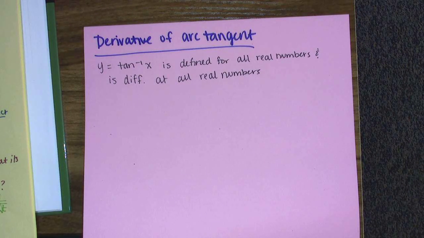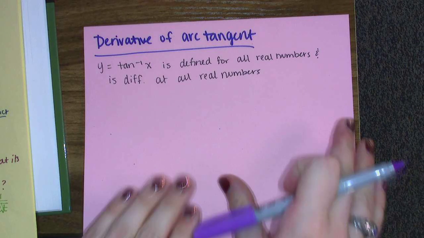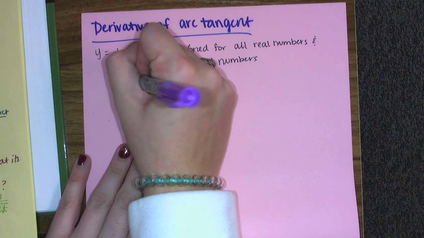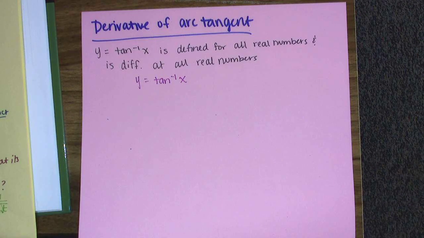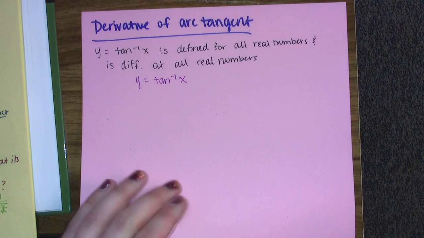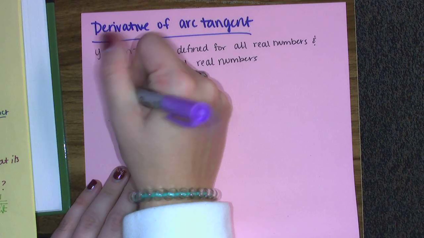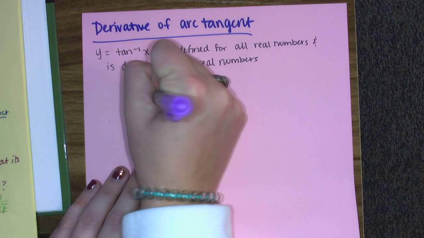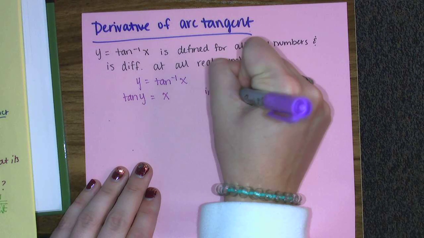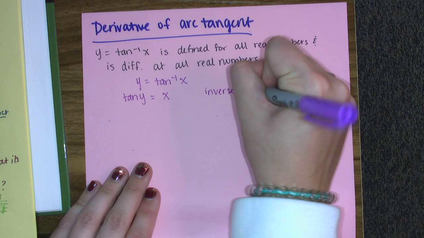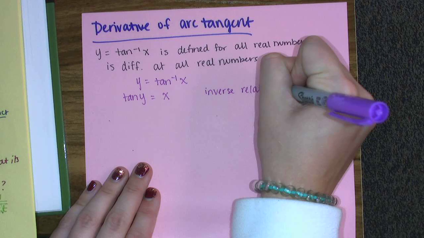So then we start out with the same kind of deal. y is equal to the arctangent of x. Then we can say that the tangent of y is equal to x, for the inverse function relationship like we did with the previous one.